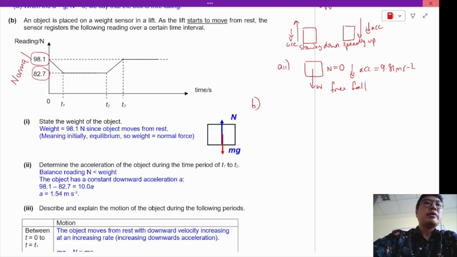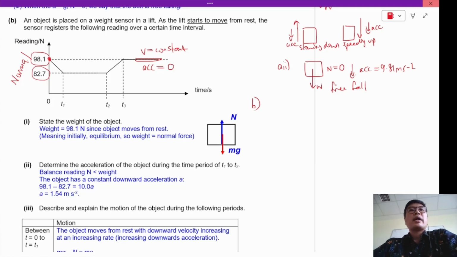Now, when the lift velocity is 0, there are two points when the velocity is actually 0. I suppose this point over here is when the velocity is constant. When the velocity is constant, the acceleration equals 0. And the lift starts from rest, so over here, the acceleration also equals 0.